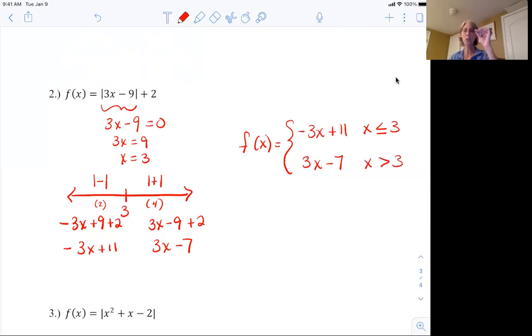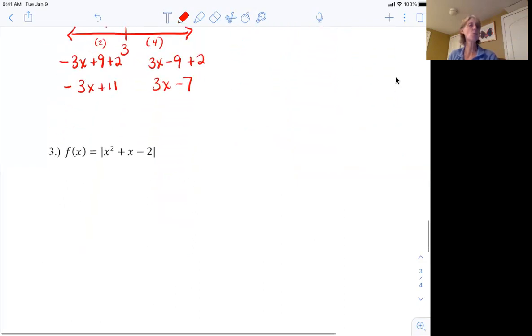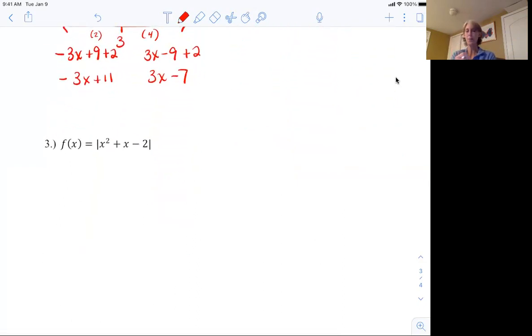Your equal can only go in one or the other, so just be aware of that and be careful. This was a little bit trickier. This is a real advanced one here, but we're going to give it a shot. So now, in order to find out where it changes, I'm just going to set what's inside equal to 0.